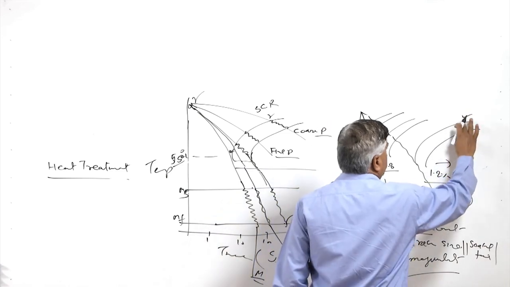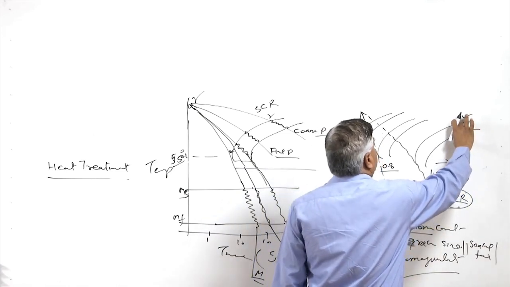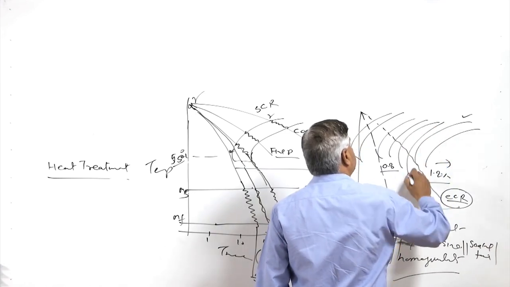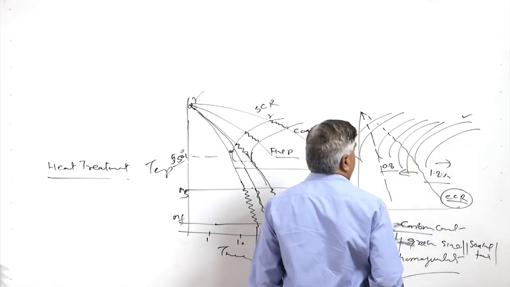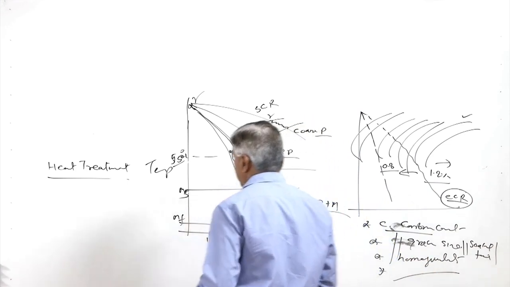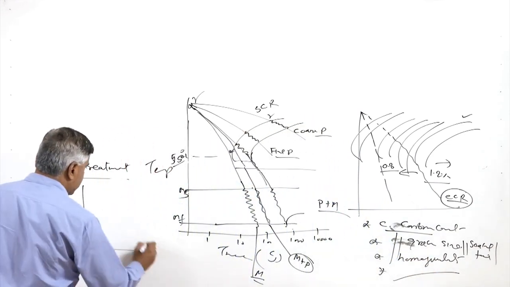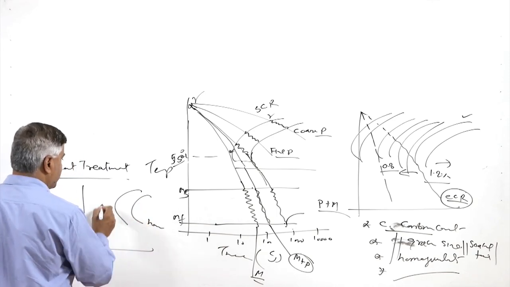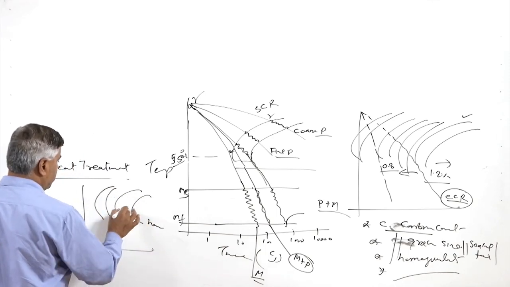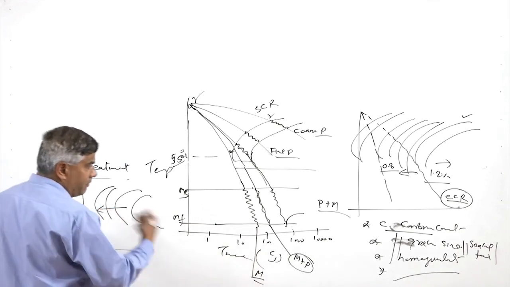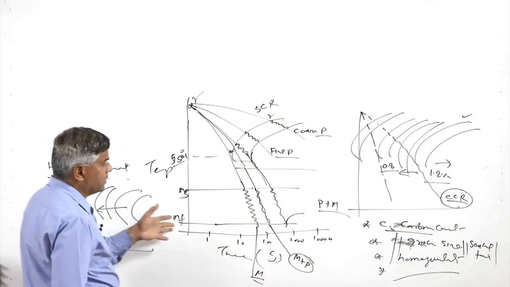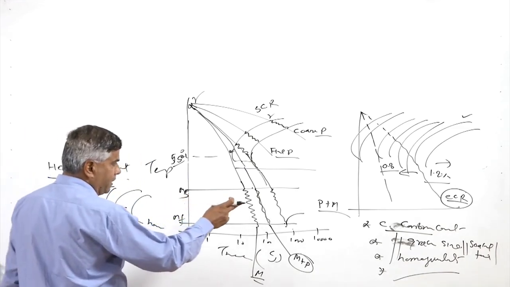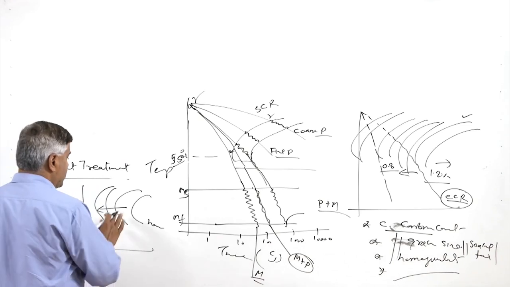For one steel, this is for homogeneous, and if it is heterogeneous, then the nose will shift towards the left. So, it is always good that homogeneous austenite is formed, and a similar trend happens when fine grain size is used.